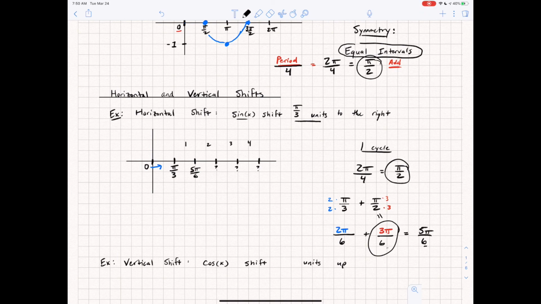I can just add 3 pi to the numerator consecutively until I get to the end of my graph. So the next one would be 8 pi over 6. The next one would be 11 pi over 6. The last one would be 14 pi over 6. And now I have all of the dash marks listed from the original 5 key points that are now shifted to the right, pi over 3 units.